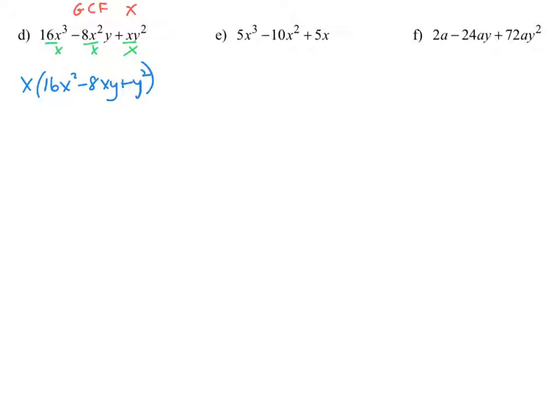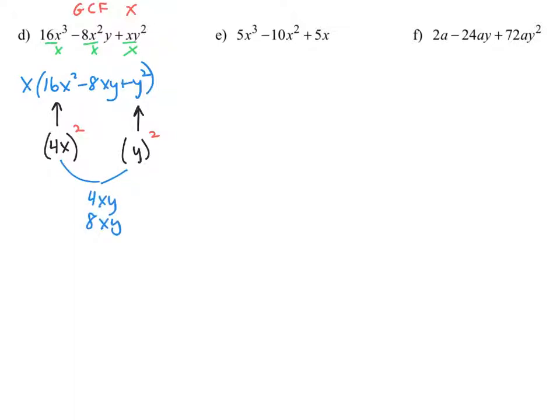Now we notice that this factor 16x squared minus 8xy plus y squared looks like a perfect square trinomial. So perhaps we can write this as 16x squared is the same thing as 4x, all of it squared, and y squared is the same thing as y to the second power, and we want the product of 4x and y, which is 4xy, and double it, we get 8xy.